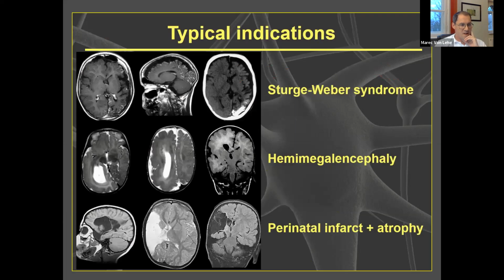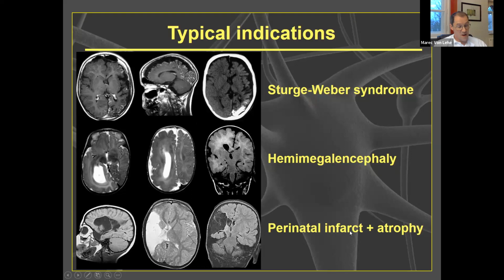So these are some imaging results about typical indications. There's Sturge-Weber syndrome with the atrophy of the left hemisphere and typical calcification in the posterior area. This is a baby with a hemimegalencephaly on the right side with an enlarged, banana-shaped hemisphere.